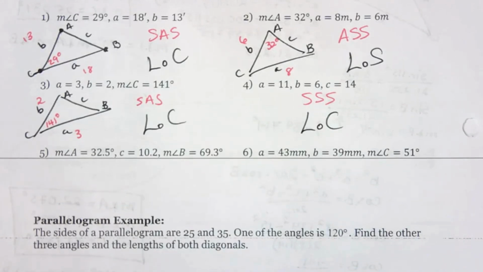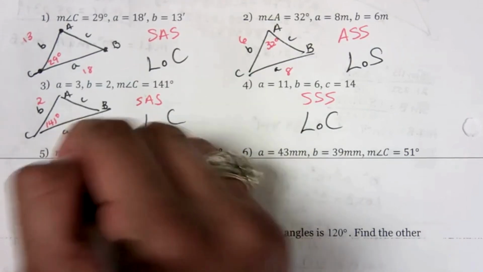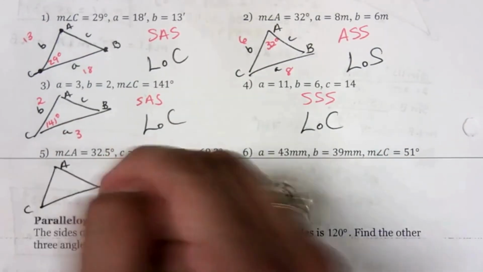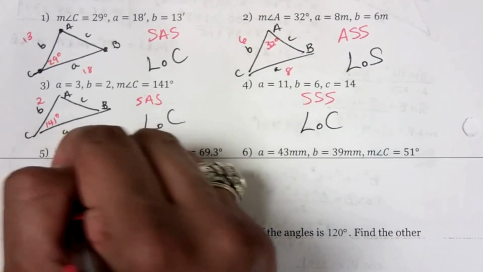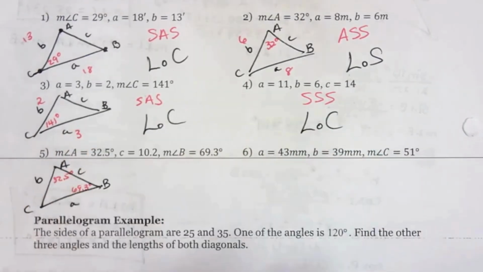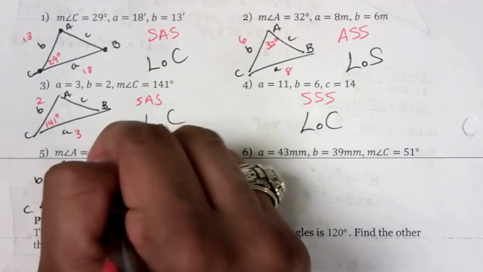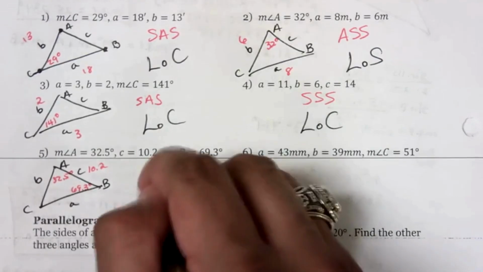Okay. So number 5, we have A, B, C. So this is 32.5, this is 69.3, and this is 10.2. So this is angle side angle, which means I have to use law of sines.